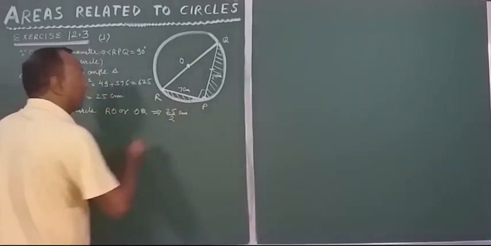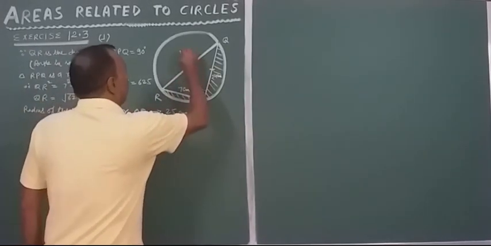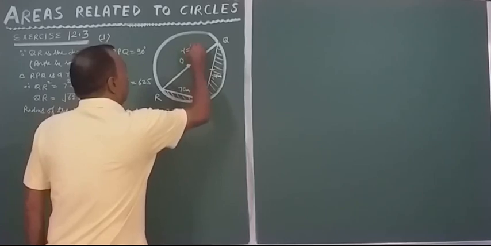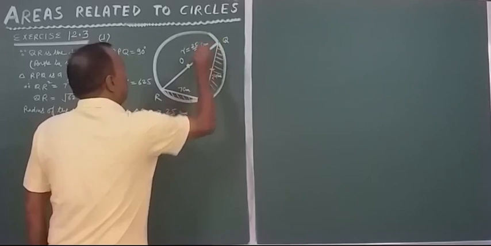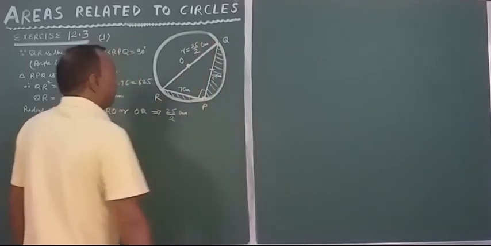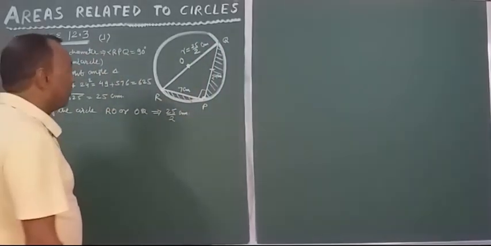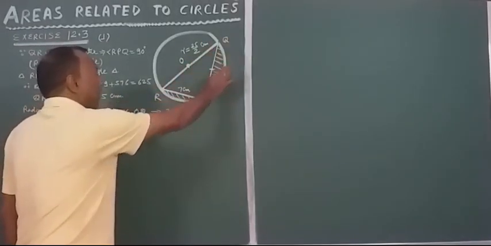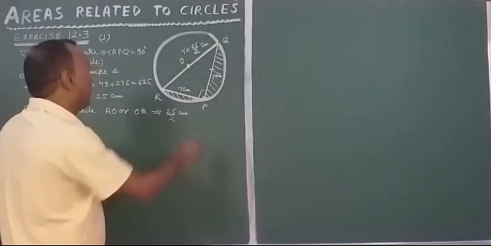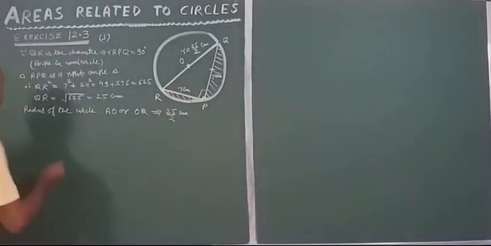And the radius of the circle is how much? 25 upon 2 centimeter. Okay. Now what will be the area of this shaded region? The area of semicircle minus area of triangle.